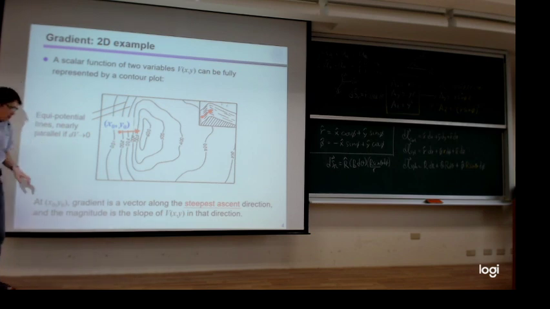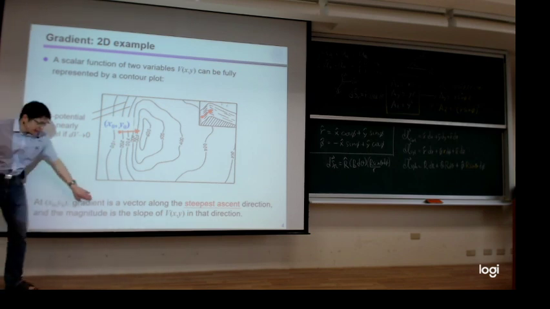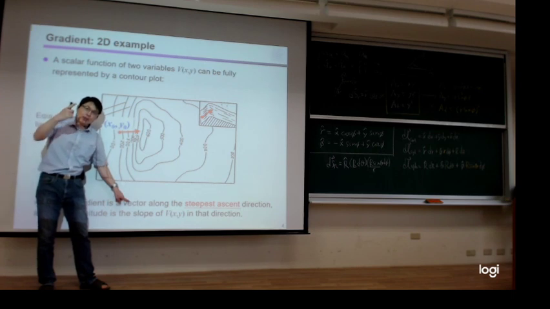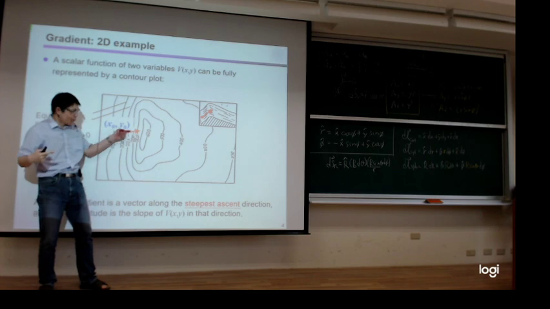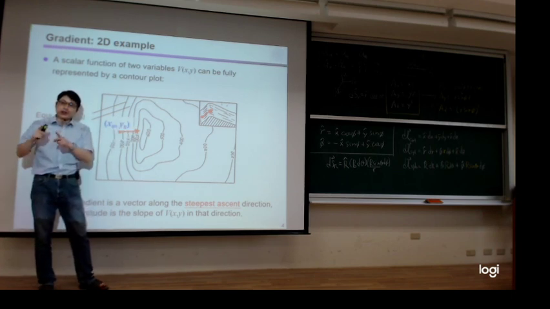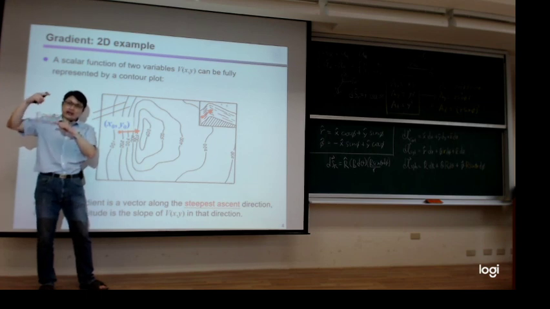The meaning is that the gradient is trying to find a vector so that if you take that path, this red path, you are guaranteed to change your height in the shortest distance.